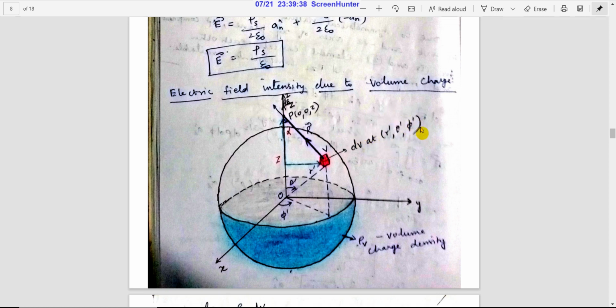Since this particular volume charge density has spherical symmetry, we are taking the spherical coordinate system points.